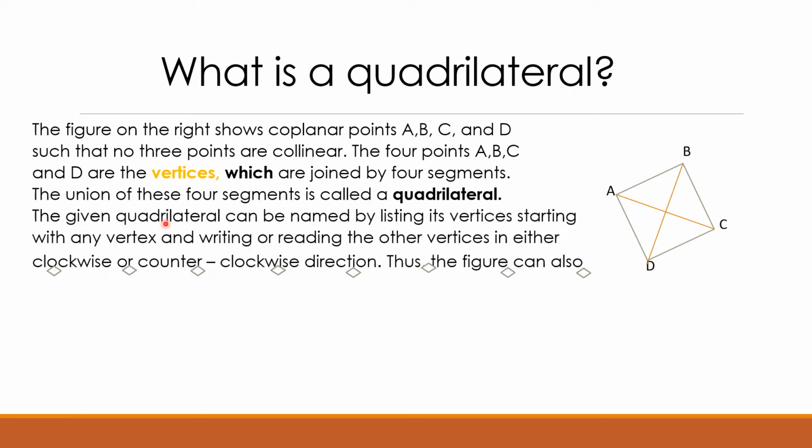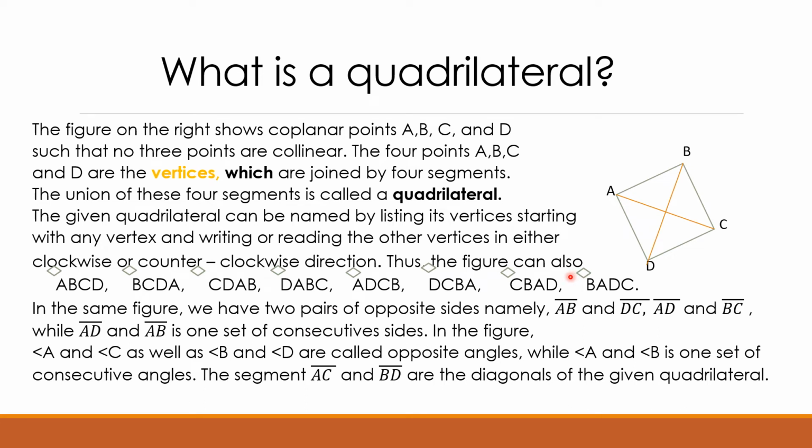The given quadrilateral can be named by listing its vertices starting with any vertex and writing or reading the other vertices in either clockwise or counterclockwise direction. Thus, the figure can also be named as what?